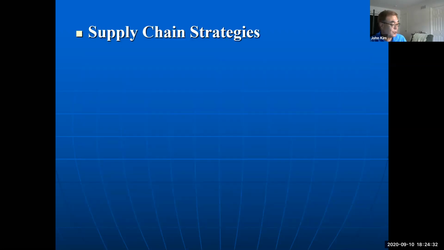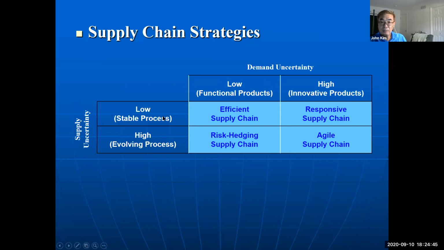Then supply chain strategies. Depending on demand side and supply side uncertainty, whether uncertainty is low or high on both sides, we use 4 different supply chain strategies.